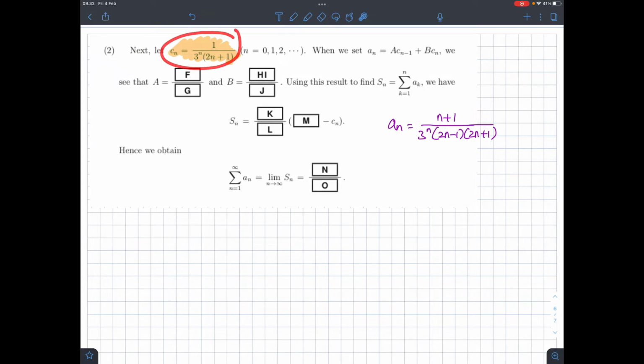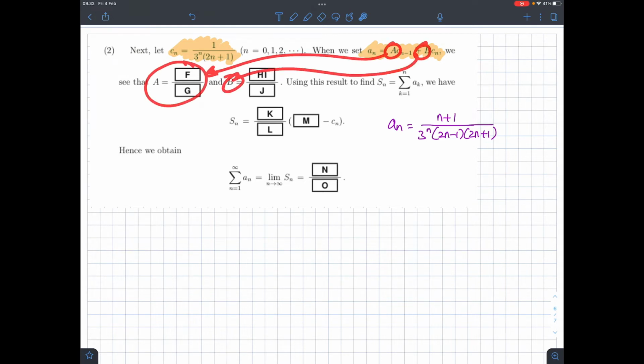This is valid starting from 0, 1, 2 and so on. And they also give another clue, An equals A times Cn minus 1 plus B Cn. They ask about the value of A from here and the value of B here.